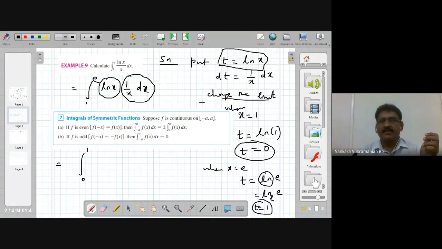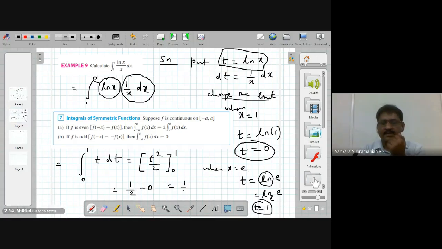Log of x can be written as t, and 1 by x dx can be written as dt. So what is the integration of t dt? This is t squared by 2, with limits 0 to 1. Upper limit minus lower limit gives 1 by 2 as the answer.